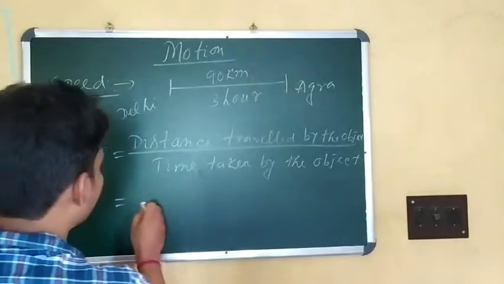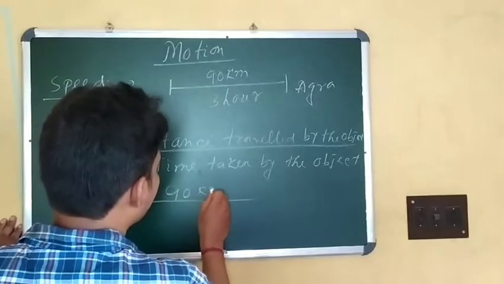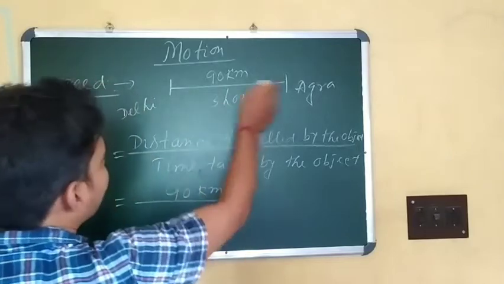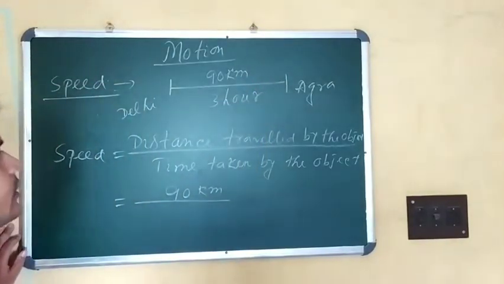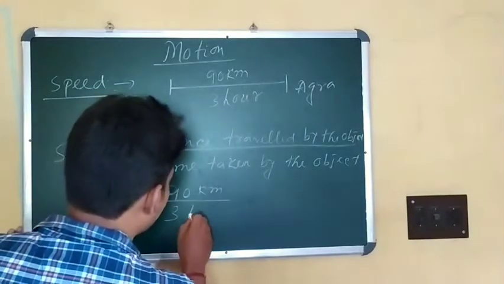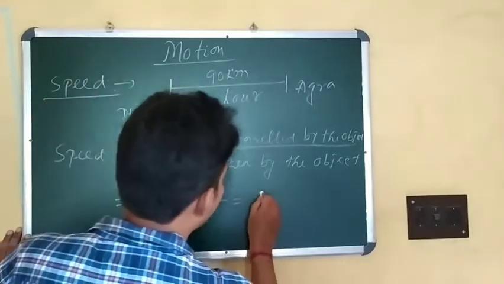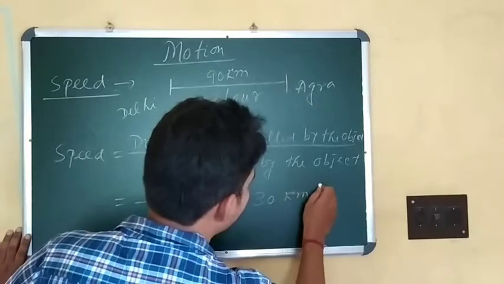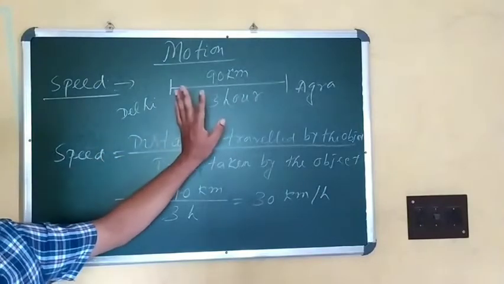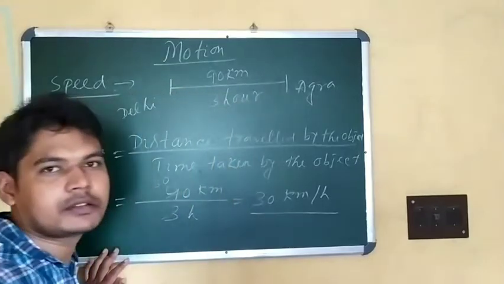Now you put the values. What is the distance? That is 90 kilometers. And what is the time taken by the object to travel this 90 kilometers? That is 3 hours. Now when you divide, you will get 30. So 30 kilometers per hour. That is the speed of this object.